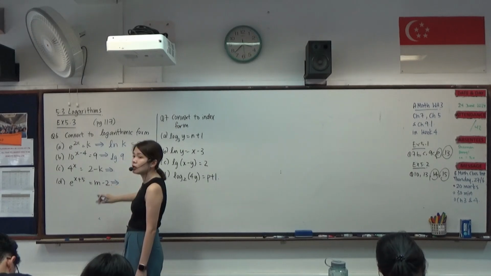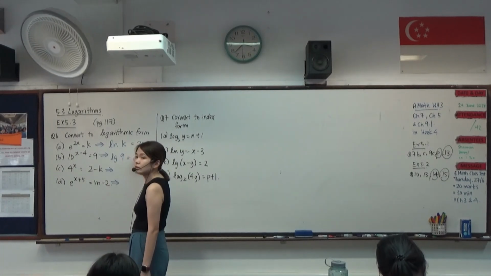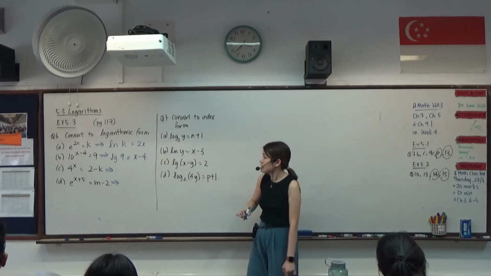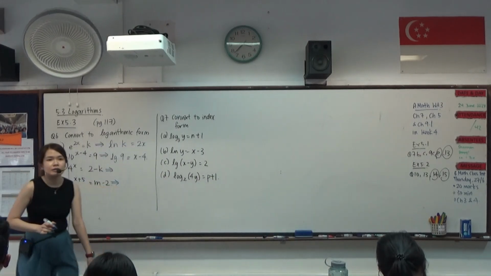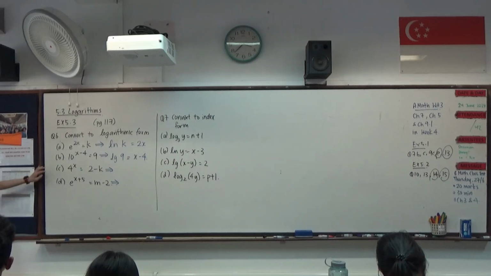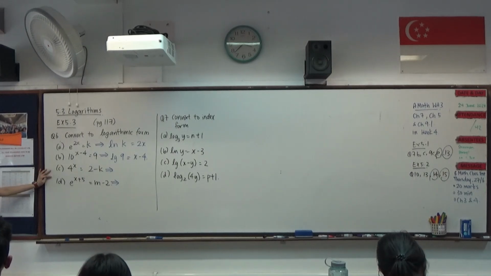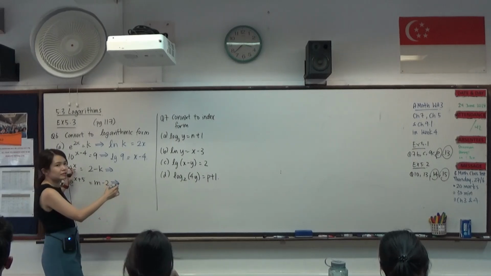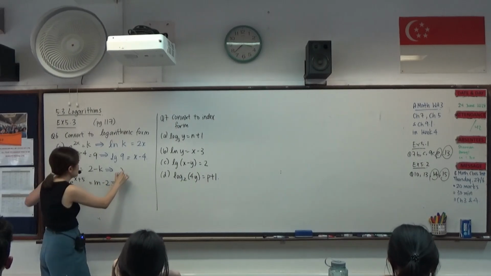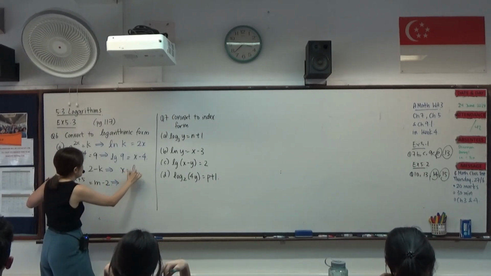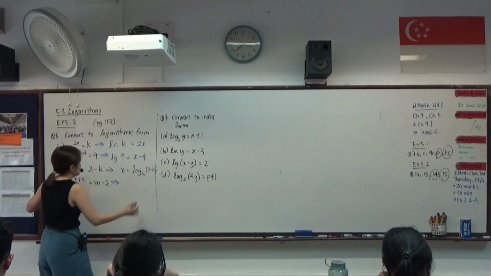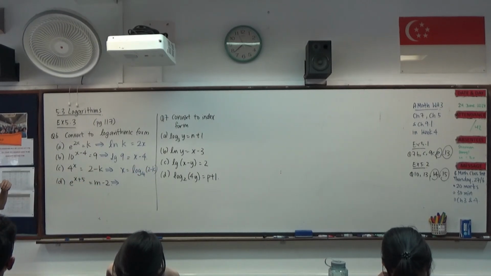Okay, so it's just the common log, lg 9 equals x minus 4. Okay, so we write this. Right? Then part C, Nash, what did you get? Sorry, what do you say? x equals log base 4 of (2 minus k). Is it? Okay.